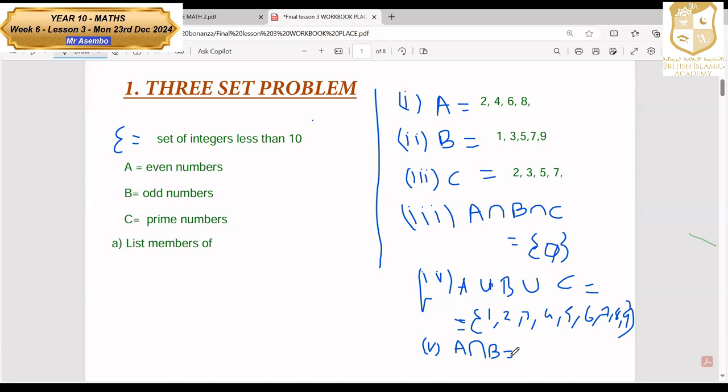A intersection B. There's nothing, teacher. So if there's nothing, we write it as an empty set. There's nothing in both A and B, so we write it as an empty set.